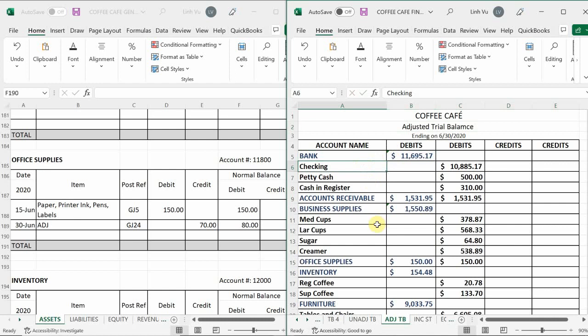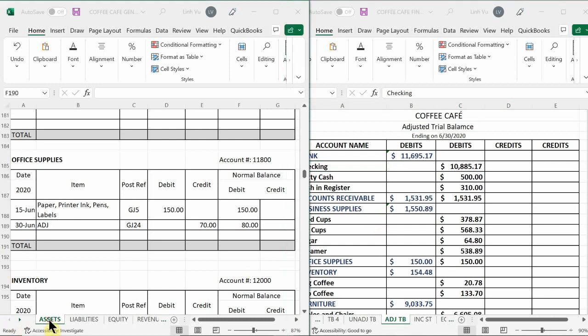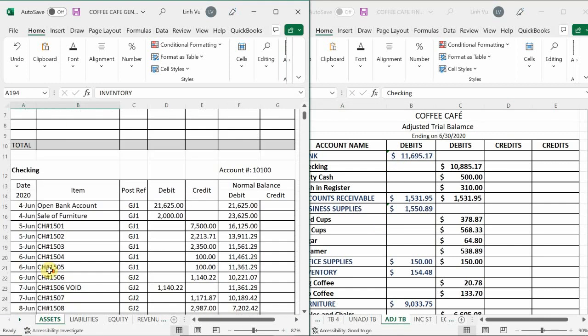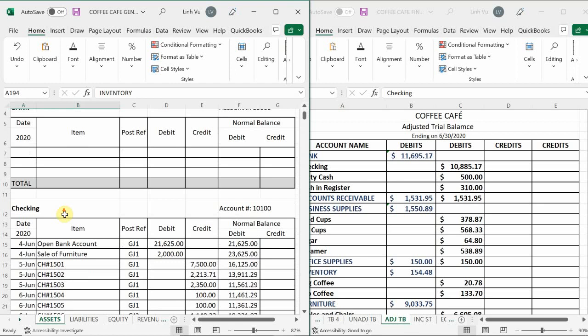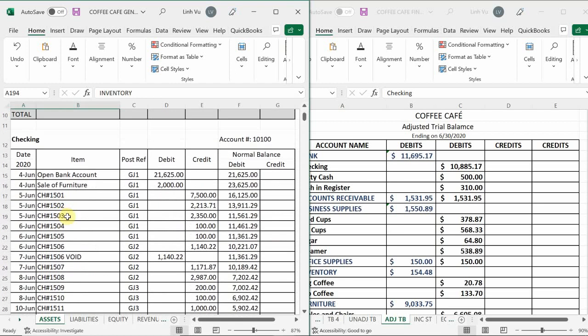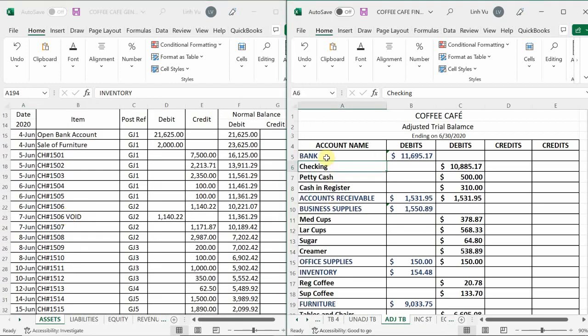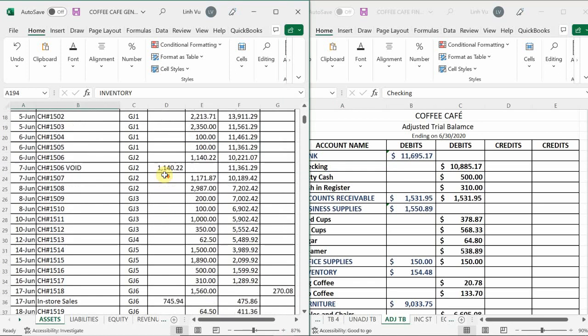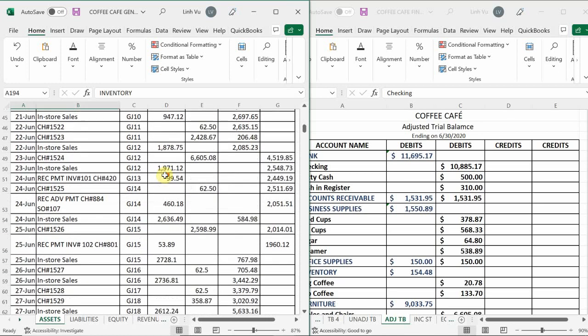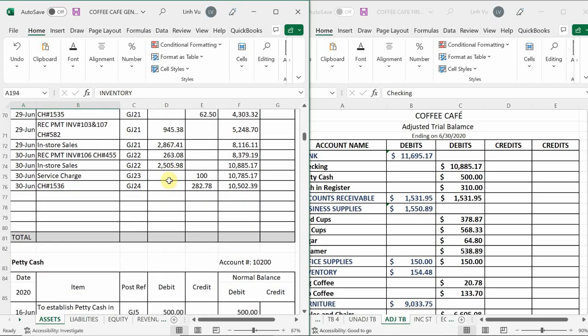So that's all the changes I need to make. Now, let's go ahead and go through every single item on here. So starting with your checking account, which we know consists of my bank account, which is my checking, my petty cash, and my cash in the register. So let's see, do I have any changes to my checking account? I believe I do.